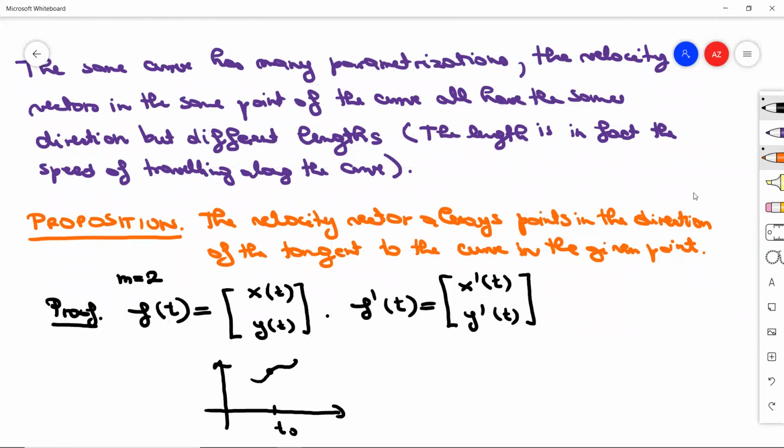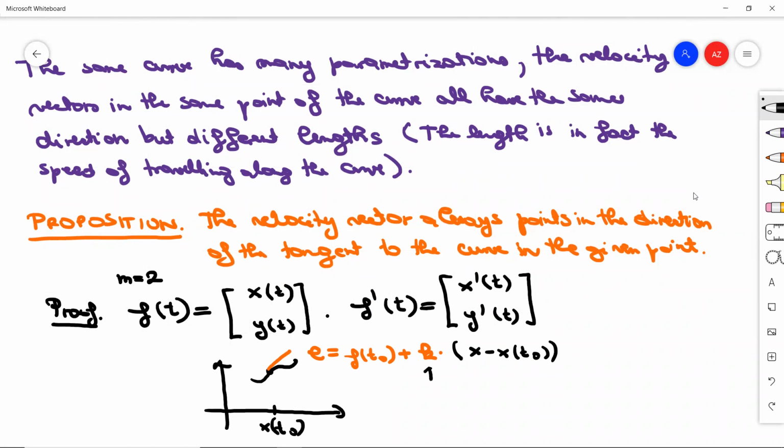By definition, the tangent is a line which goes through f of t naught, plus k times, and here this k is the slope, k times x minus x of t naught.